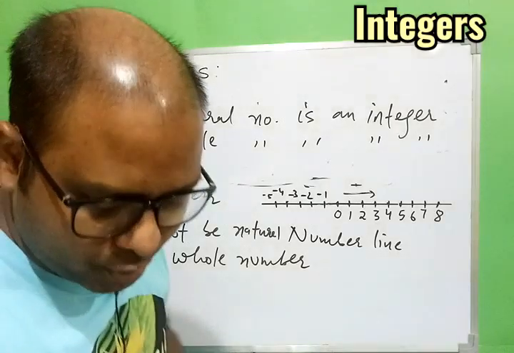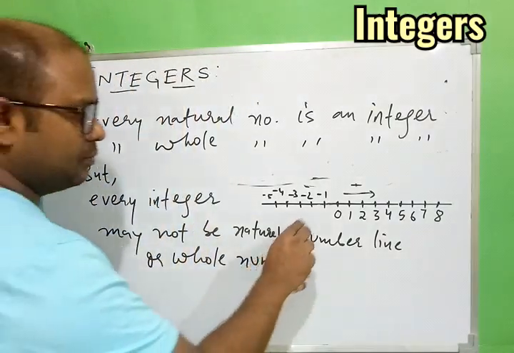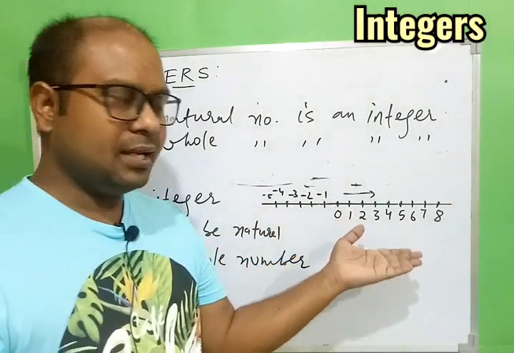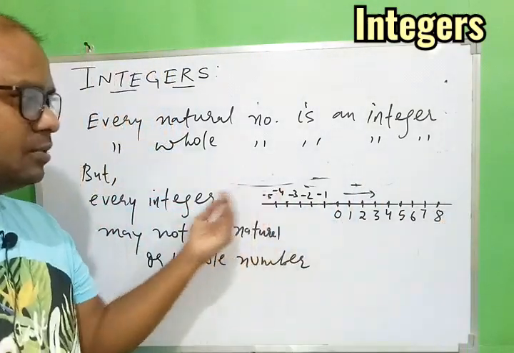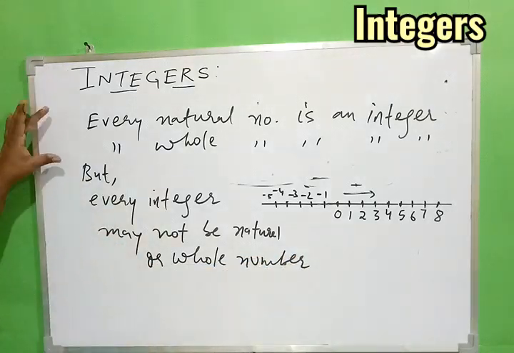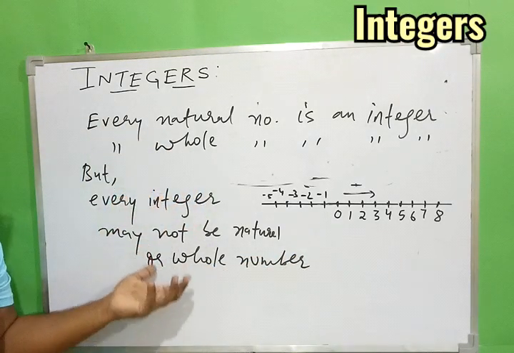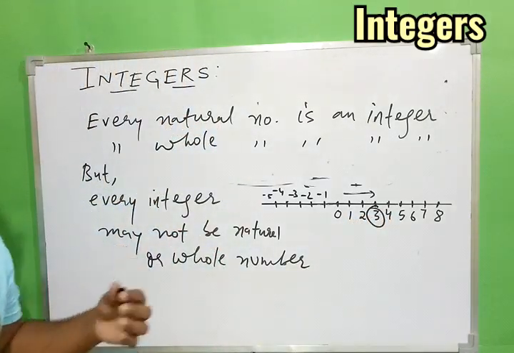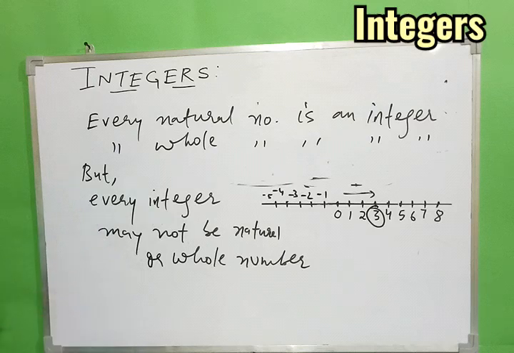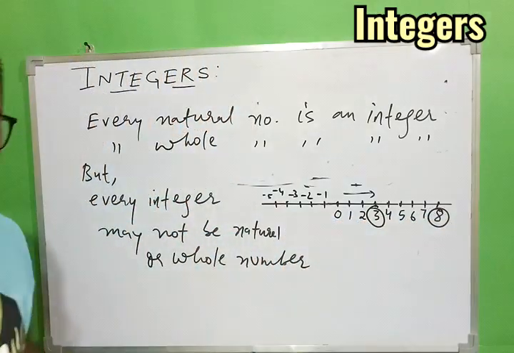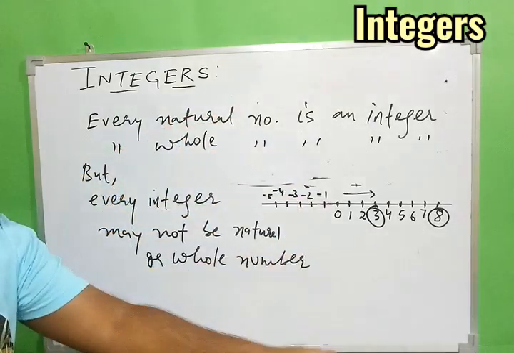So I hope you are able to understand this statement, and let's take an example to understand this also. Very first, I hope you understood this number line, positive this side, right hand side, negative this side, and in the center we have 0. Now this statement is given: every natural number is an integer. That's true. If I say 3 is a natural number and an integer also. If I say number 8, it is a natural number, it is also an integer, no doubt.